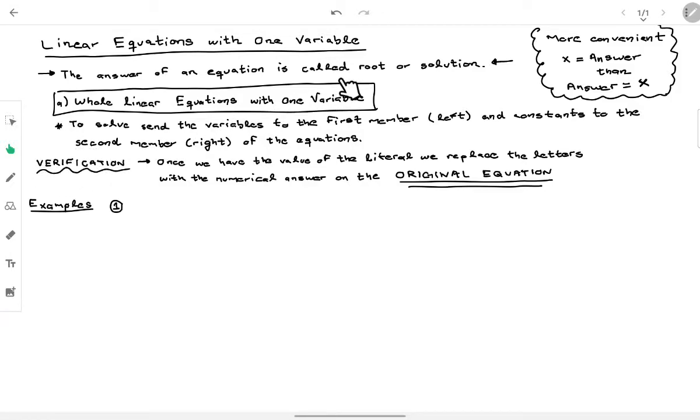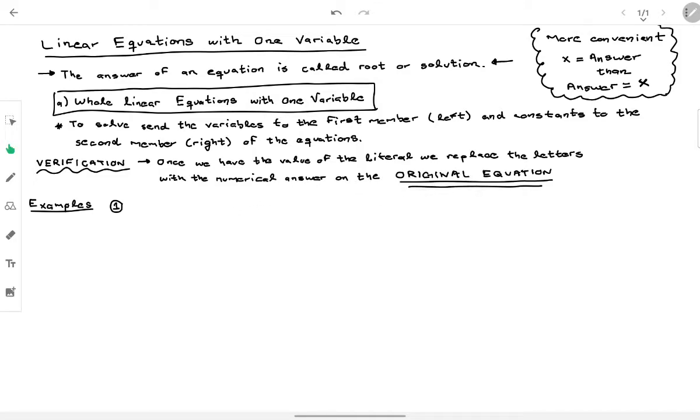When we get the answer or the root or the solution of the equation, we can verify if that answer is correct. How will we do that verification? Once we have the value of the literal letter, we replace the letters with the numerical answer in the original equation.